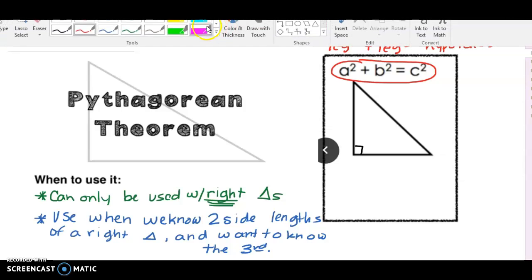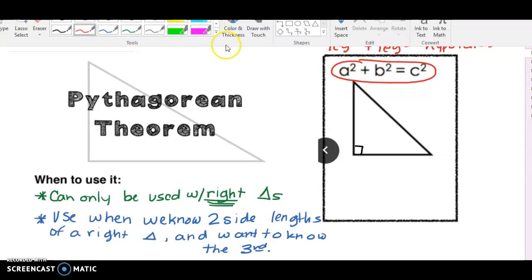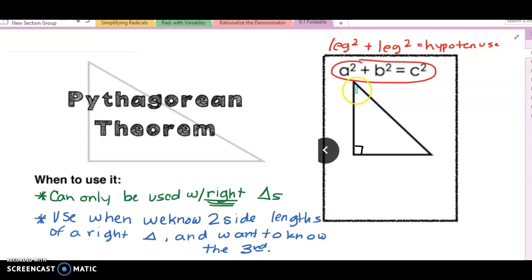Now my hypotenuse is always the side that is opposite of the right angle. So if my right angle's here, my hypotenuse is way over here. I'm going to go ahead and write hypotenuse, because it's opposite of the right angle.